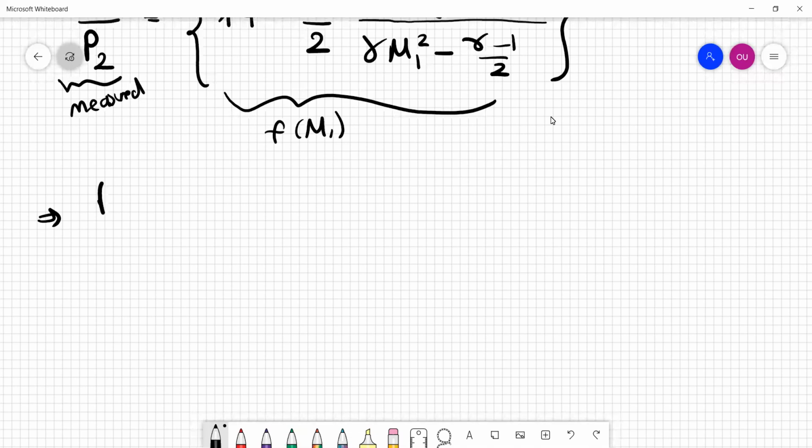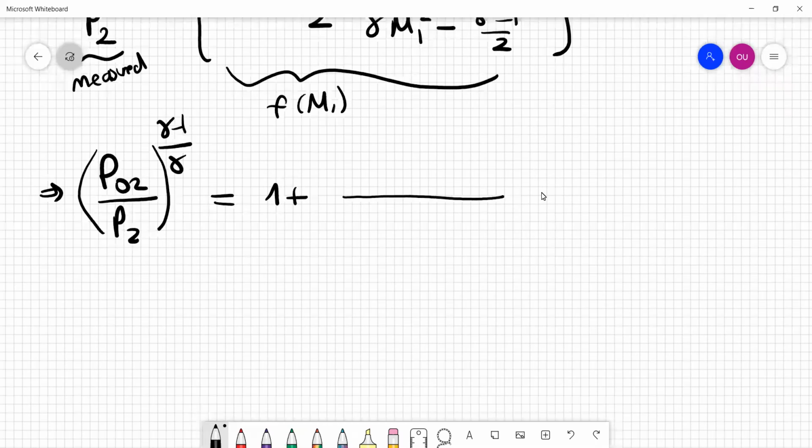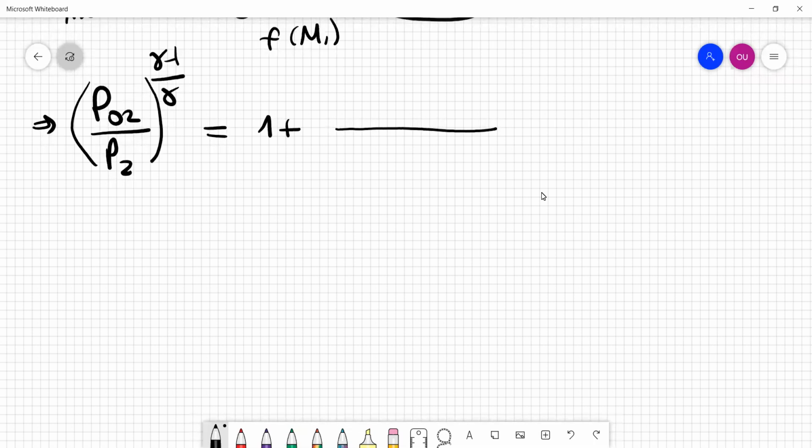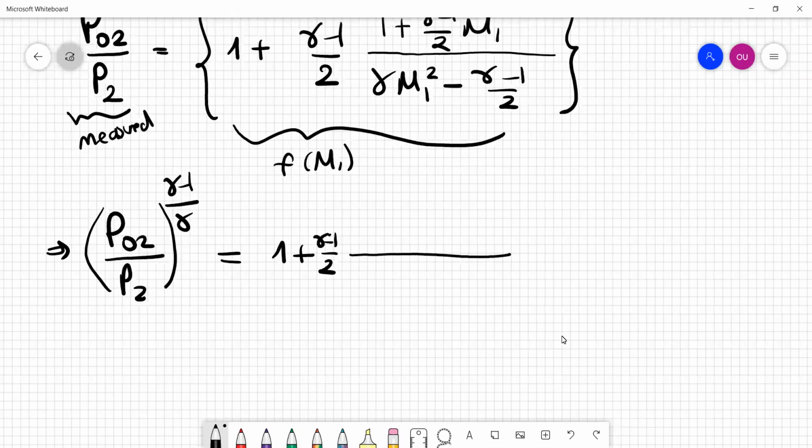So first of all, P02 over P2 must be taken as an exponent gamma minus 1 over gamma to leave this as 1 plus, let me check, gamma minus 1 over 2 multiplied by this thing again.